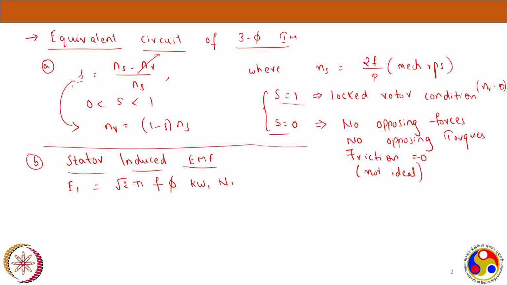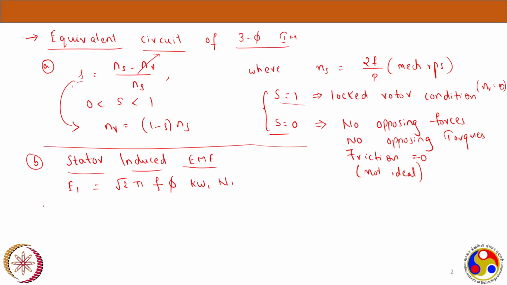Now see that this is the stator induced EMF. Now if you look at the rotor EMF, there will be the slip concept coming in. At any value of slip, let's say at some value our rotor is rotating, there will be some slip related to it.